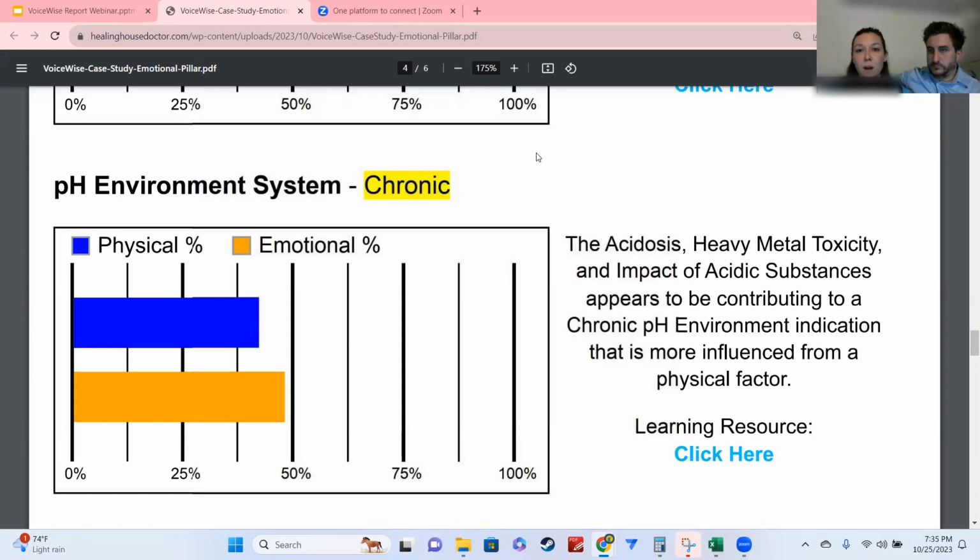What happens if you don't have enough of those free-floating minerals available? Well, then the body starts grabbing them from your bones and organs, because that's the only other place it can find them.